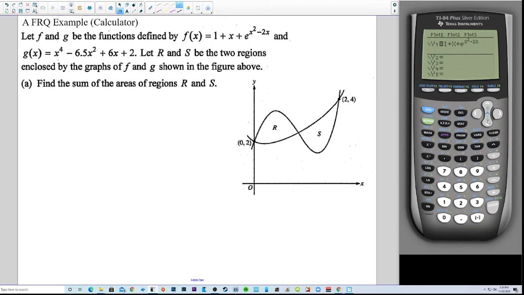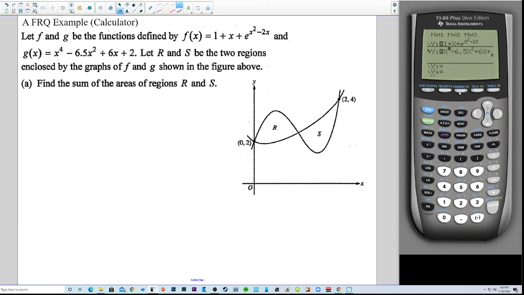Minus 2x, and then we have x to the 4th minus 6.5x squared. Oh, shoot. Let's try that again. x to the 4th, arrow over, minus 6.5x squared plus 6x plus 2. And you can go over and make this a bold line so you can tell the difference. If you just press enter on that right there.